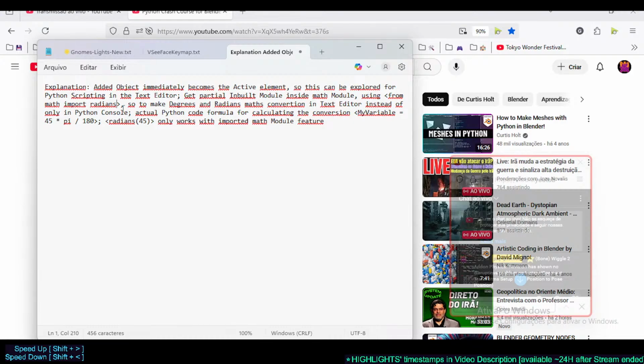Okay, this is not necessary. I don't need it. I want to use the Python console in this case. I'm not doing a script for this conversion. So actual Python code form to calculate the conversion.